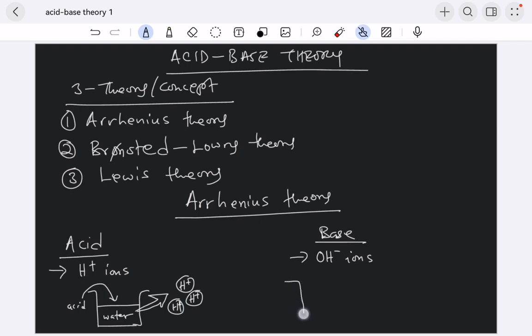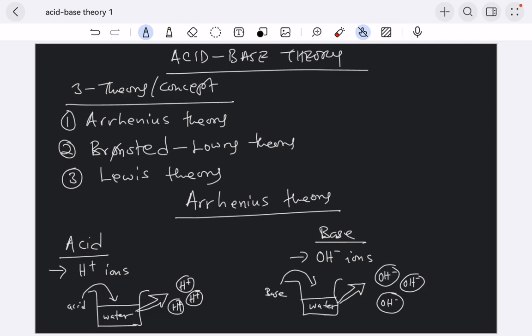Then in terms of a base, if a base is dissolved in water, according to Arrhenius, microscopically what we are supposed to see is hydroxide ions. So that is his description of what an acid and a base is.